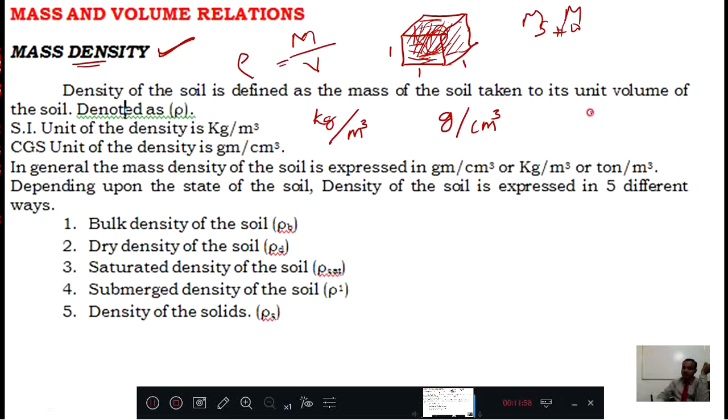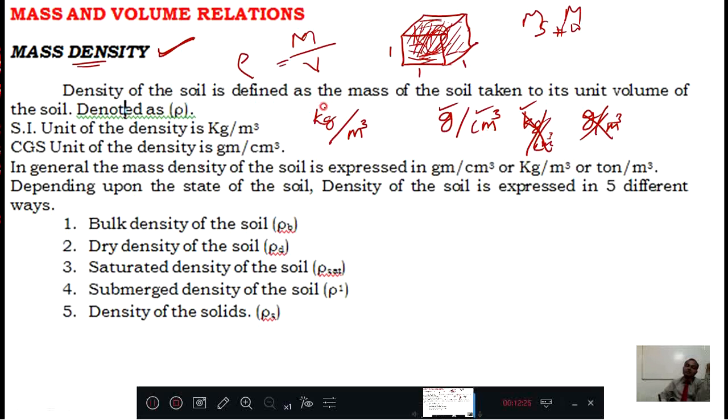It doesn't make sense to use gram per meter cube or kg per centimeter cube, because kg is a bigger unit and centimeter cube is a very small unit, and gram is a very small unit and meter cube is a big unit. Therefore you can compare gram with centimeter cube, that is a good unit, gram per centimeter cube.